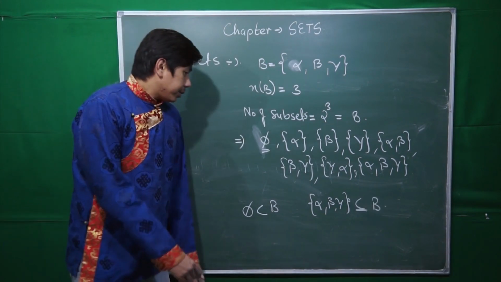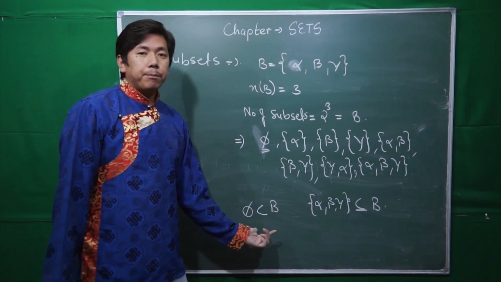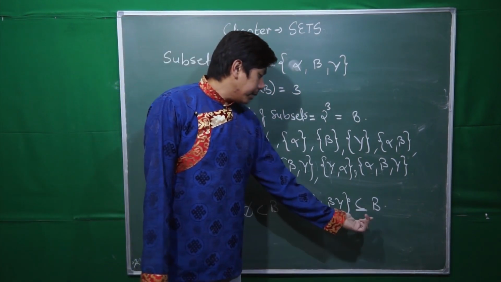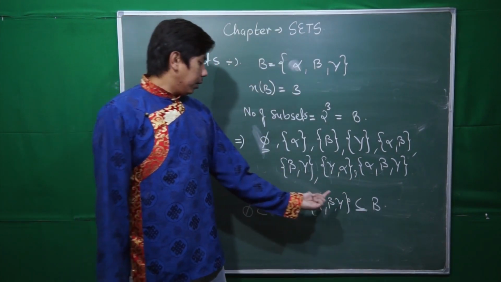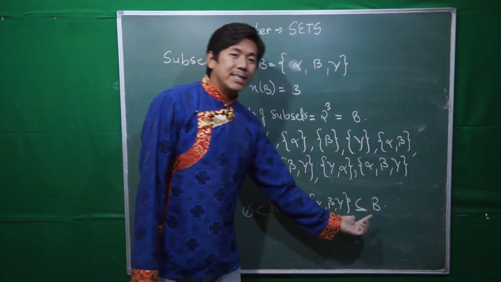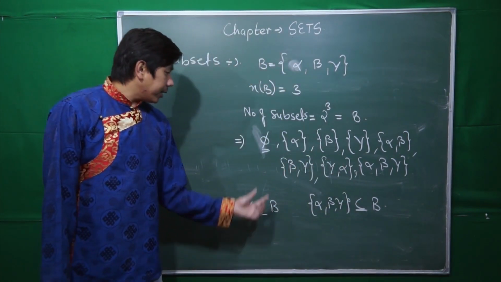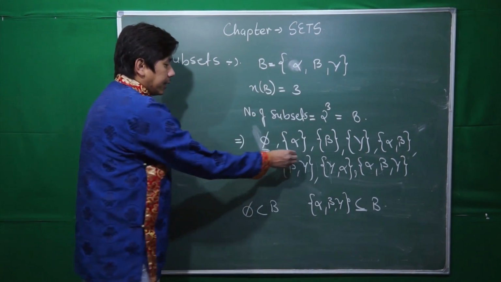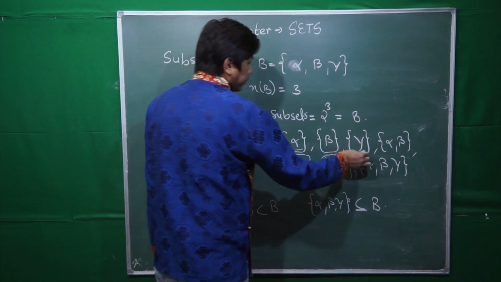Okay. So this being said, there are 2 conditions. First one is proper subset and second one is improper subset. Even though it is a subset, since all the elements are the same, it is an improper subset. It is a proper subset as long as all the elements are not the same. This is also a proper subset, this is also a proper subset, and this is also a proper subset.